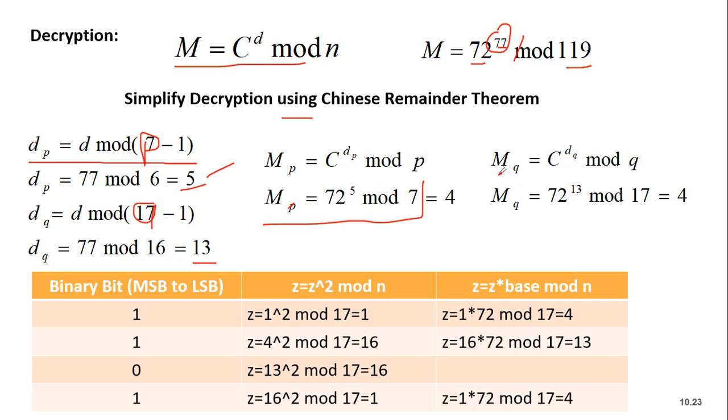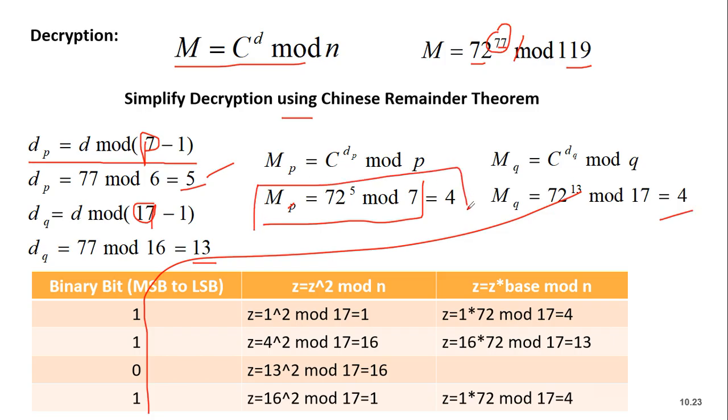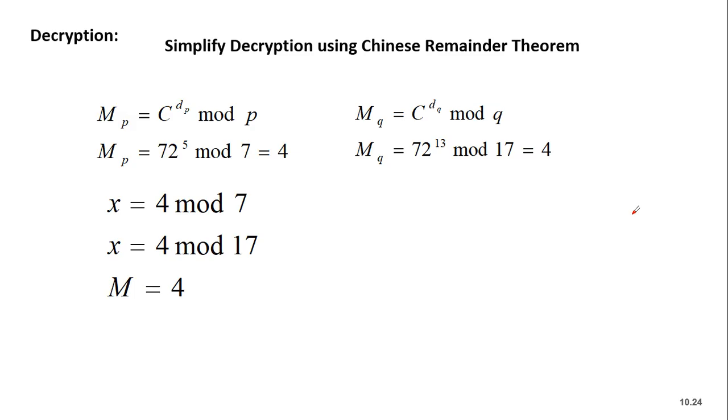After that, for mq, c is 72 and the exponent 77 mod 16 comes as 13. For that we can use the square and multiply algorithm, and 13 is 1101 in binary, and in this way we can perform the operation. So we get the final equations for the Chinese remainder theorem: mp is equal to 4 and mq is equal to 4.